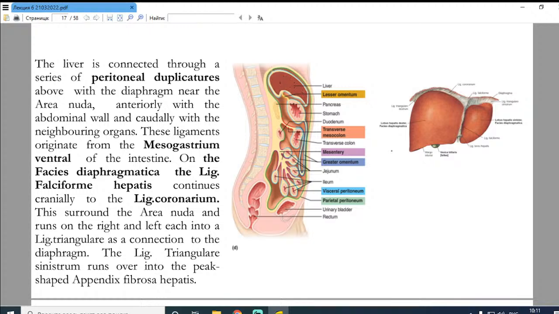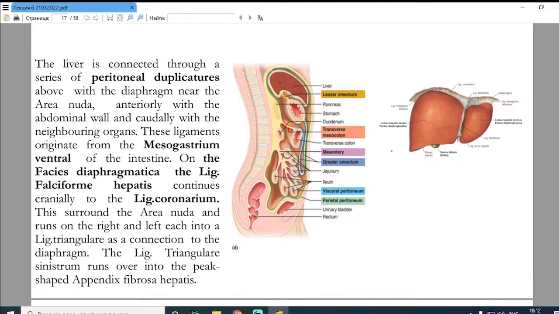On the facies diaphragmatica, the ligamentum falciforme hepatis continues cranially to the ligamentum coronarium. This surrounds the area nuda and runs to the right and left into the ligamentum trianguli, as a connection to the diaphragm.